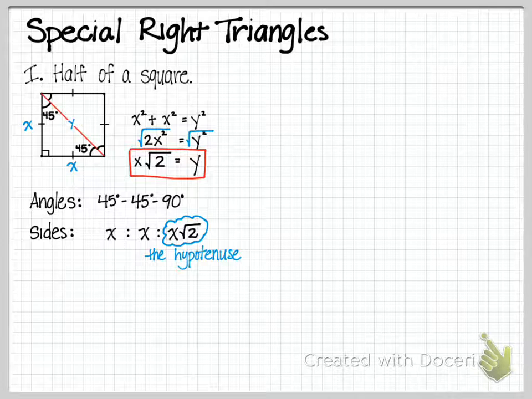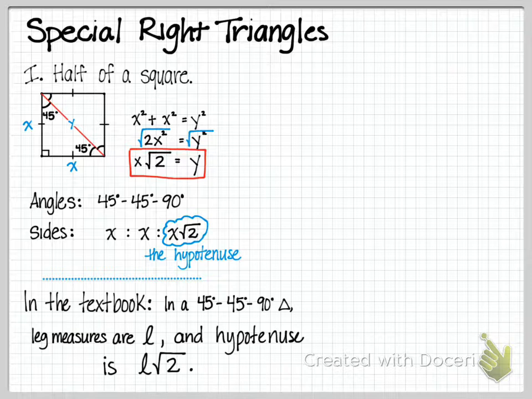The sides of the triangle would be 3, 3, 3 root 2. If the square had sides of 4, then this would be 4, 4, 4 root 2. If the square had sides of 10, it would be 10, 10, 10 root 2, etc. So this is one of the special things about the right triangle, is we can put all three sides in relationship to this one variable x.